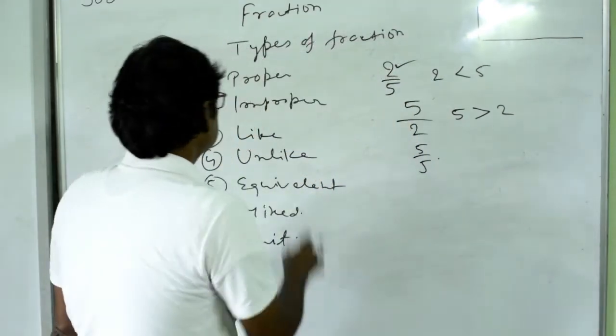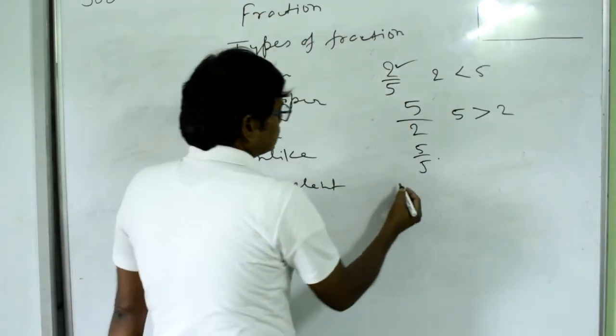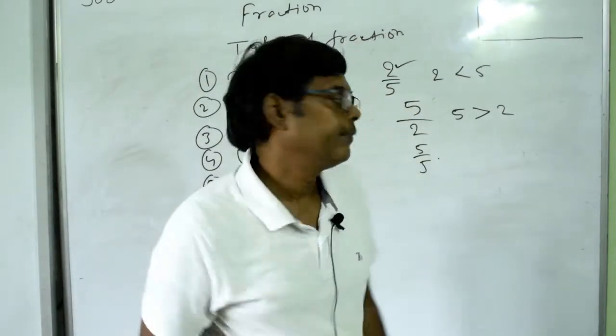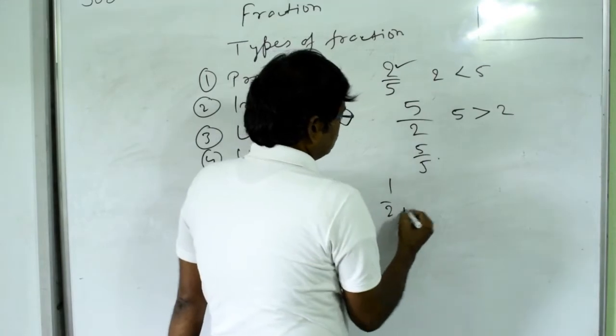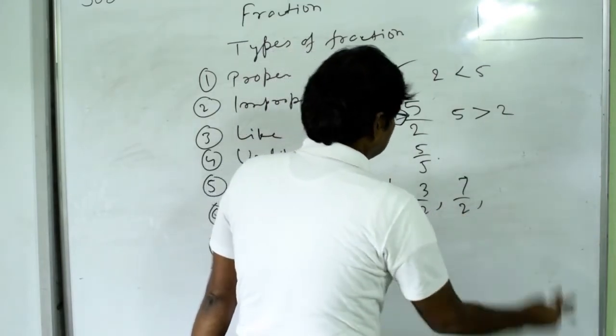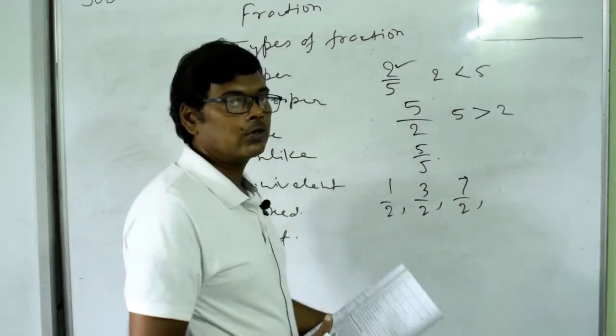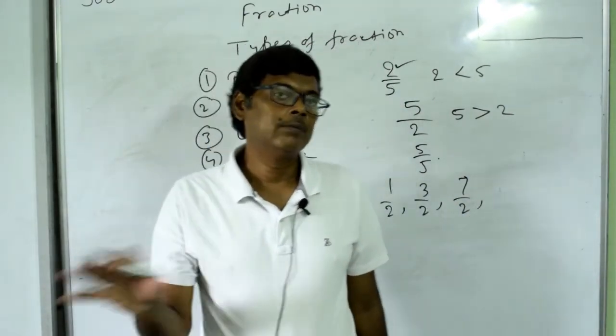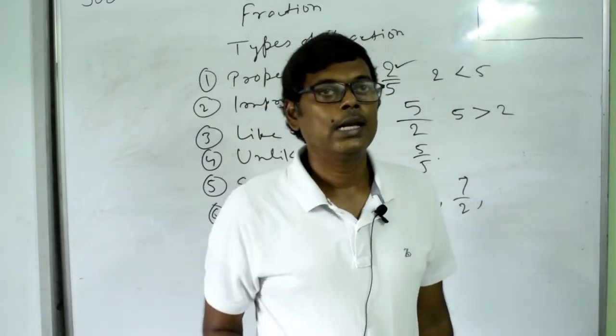Next is the like fraction. Like fractions means many fractions have the same denominator, for example 1 by 2, 3 by 2, 7 by 2, etc. When the fractions have the same denominator, they are called like fractions.